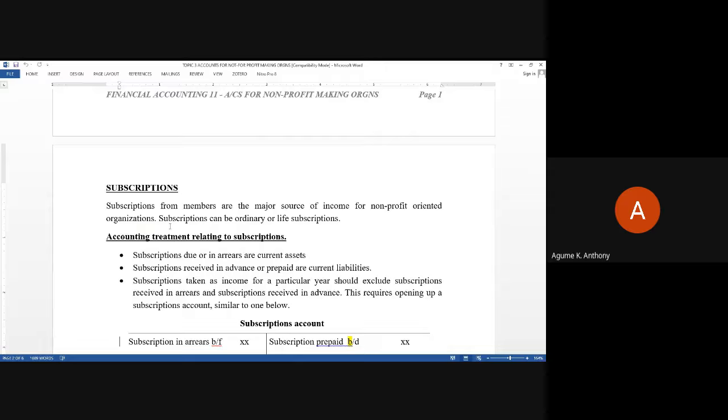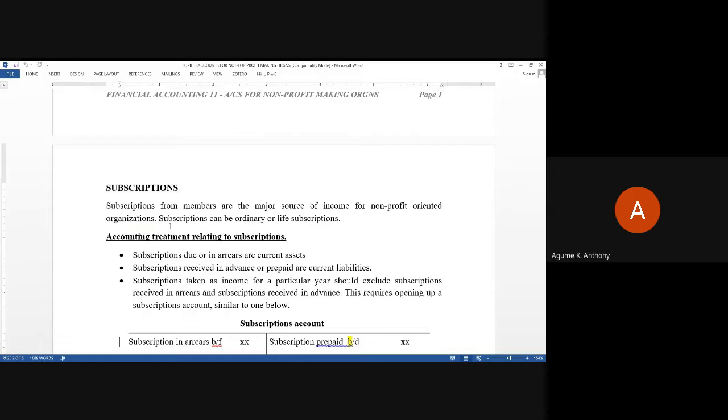Subscriptions due or in arrears are current assets, because that means you've earned that income but you've not yet received it. Subscriptions received in advance or prepaid are current liabilities. And subscription taken as income for a particular year should exclude subscriptions received in arrears and also those received in advance.